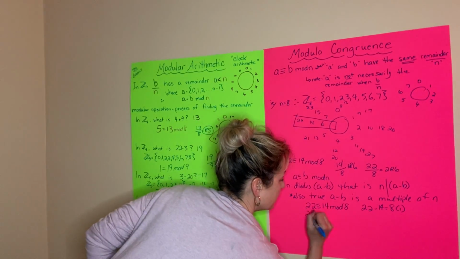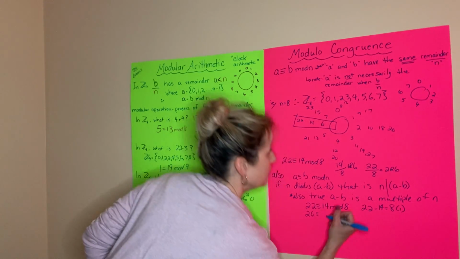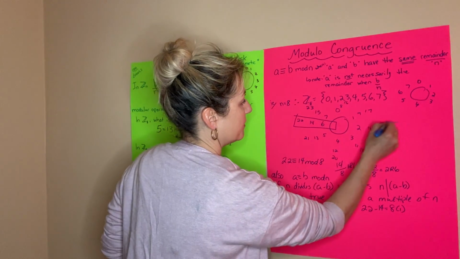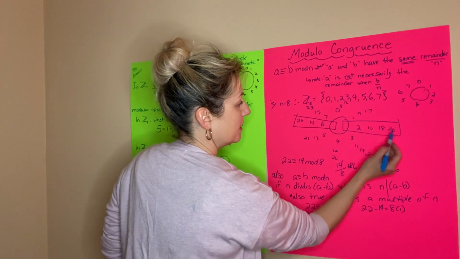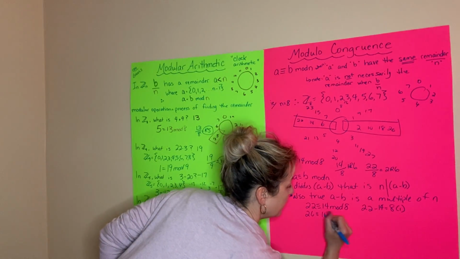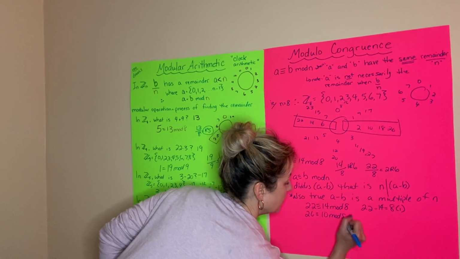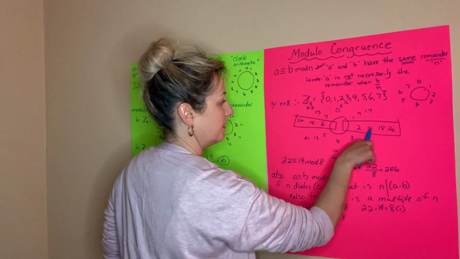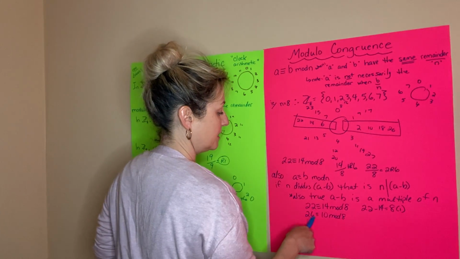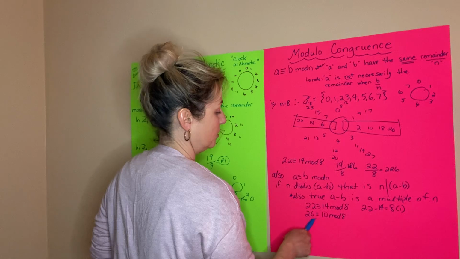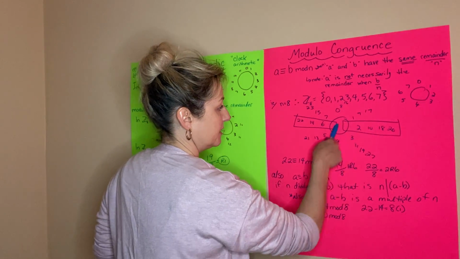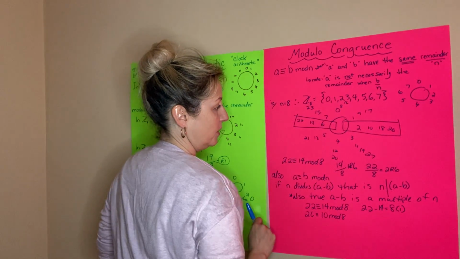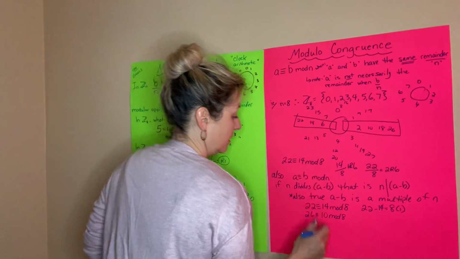And then 26 is congruent to 10 mod 8, not equal to, congruent to, because they're all in the same position on this circle.